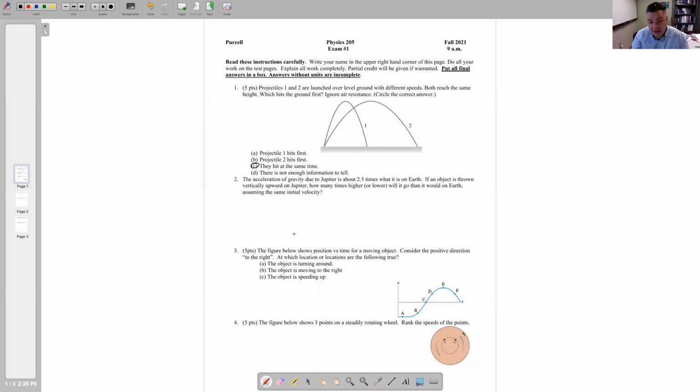Acceleration due to gravity on Jupiter is about 2.5 times what it is on Earth. If an object is thrown vertically upward on Jupiter, how many times higher or lower would it go than on Earth? So I left you some wiggle room depending on how you answer this. But if we just look at v squared equals v naught squared plus 2a times y minus y naught.